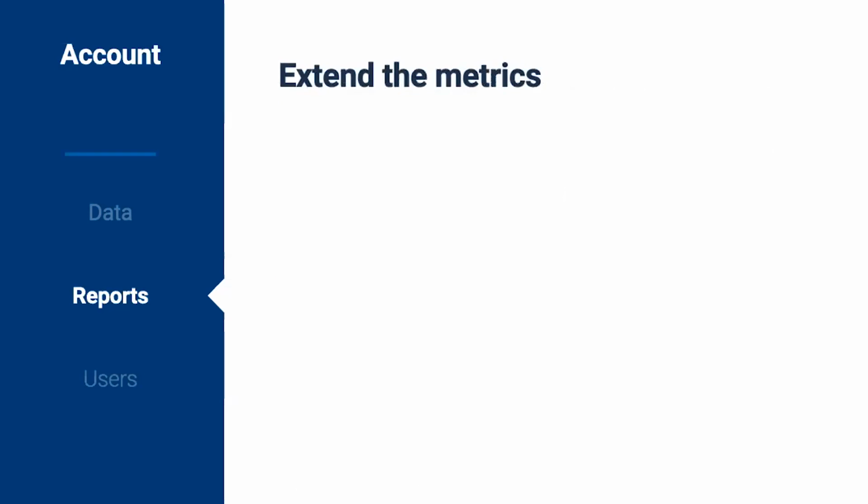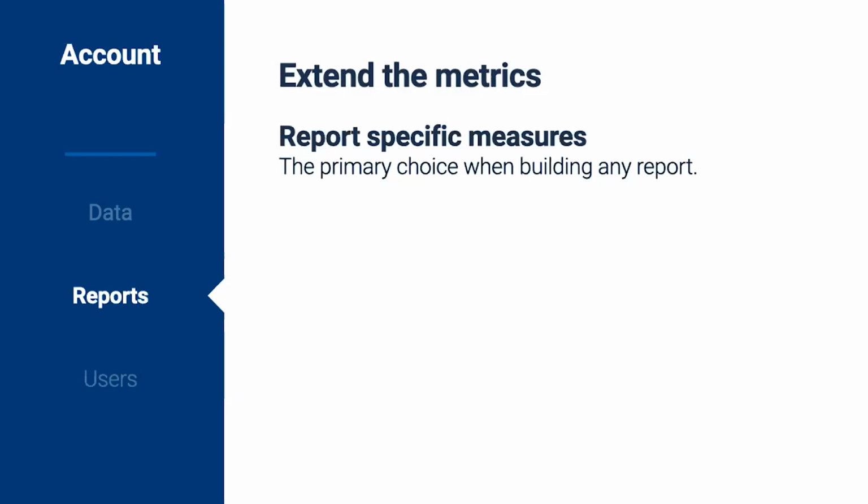And here is the suggested way I would recommend to start: you should always start with report-specific measures. There are two reasons why. One is that it will not mess up anything else. It will be just local. And because far too many measures could overwhelm everyone and you don't need it. Another reason is maybe more important: using report-specific measures, especially during the development process of reports, will speed up your development.